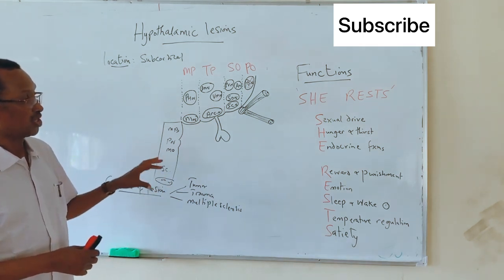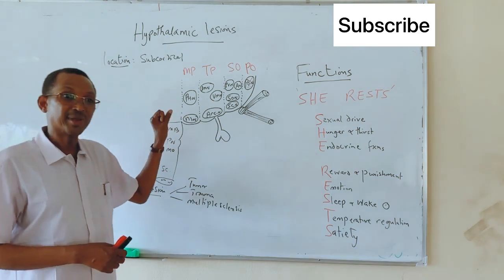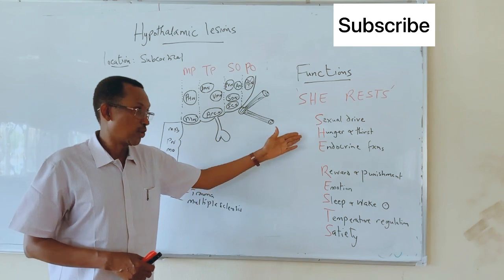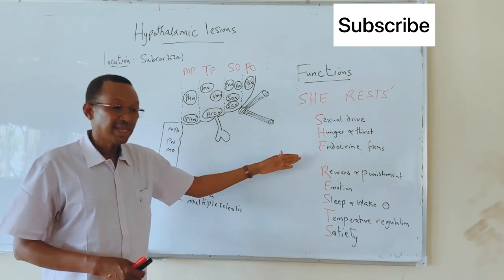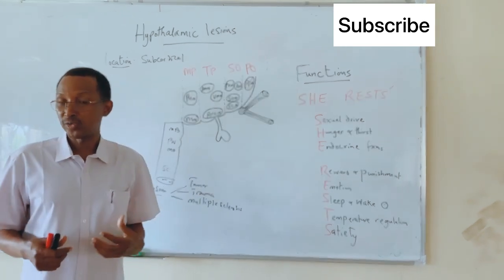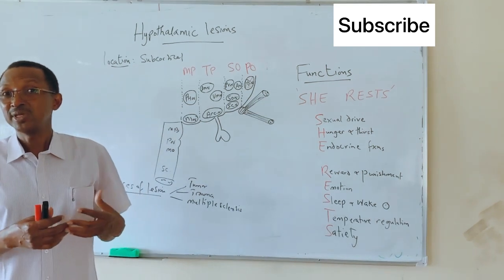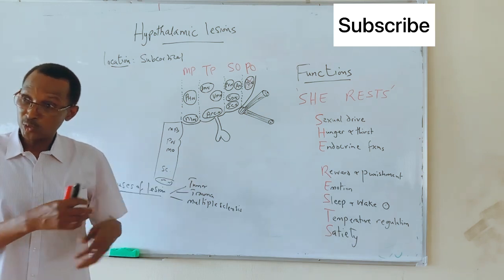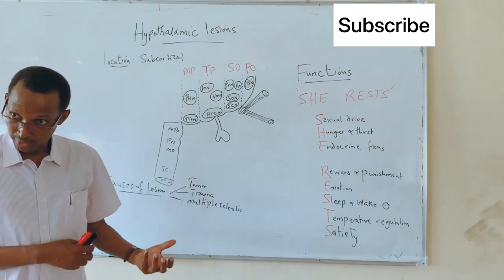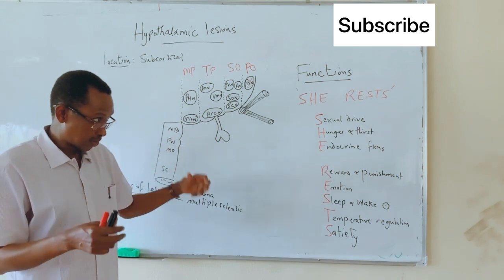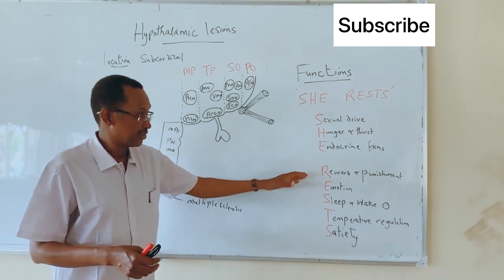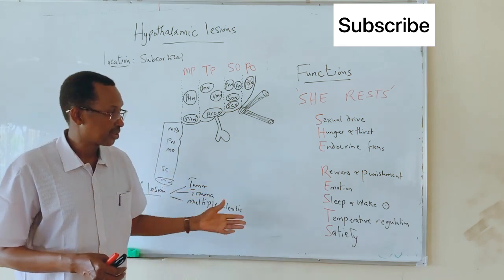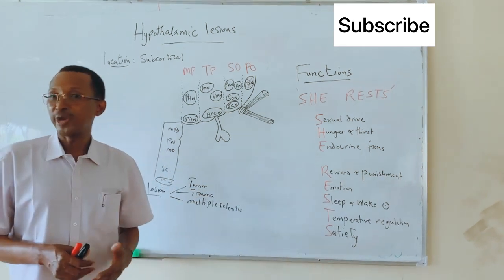Lesions can occur in the hypothalamus. And so by the time one has a hypothalamic lesion, there may be no sexual drive, no expression of hunger or thirst, and endocrine functions like our growth. Growth hormone is released from our pituitary gland and what have you, so growth is going to be affected, either stunted growth or overgrowth. Maybe no expression of emotions, problems with sleep and waking up, and also lack of regulation of our body temperature.